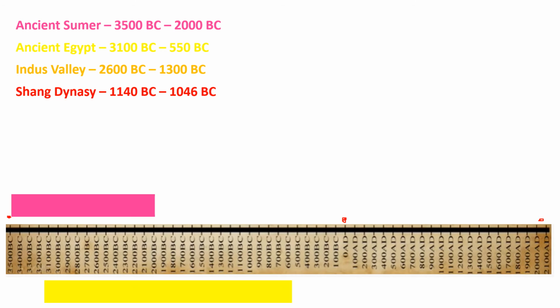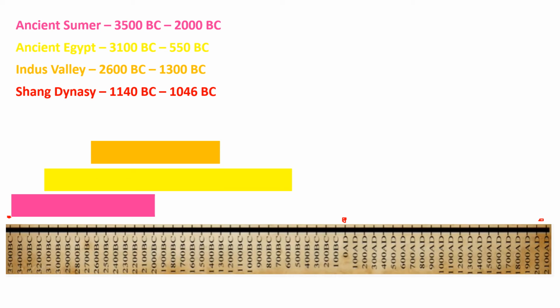Let's pop ancient Egypt on our timeline. Now they are different timelines because they are in different countries. So as you can see, ancient Sumer and part of ancient Egypt existed at the same time in different countries. The next one is Indus Valley. Have a look and see if you can find the date 2600 BC, all the way along to 1300 BC.